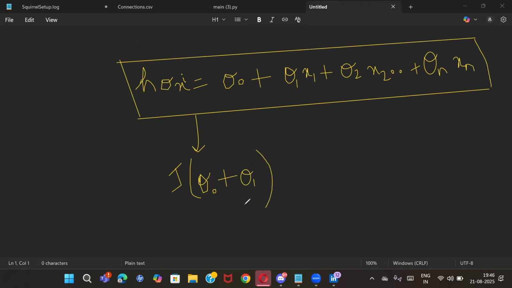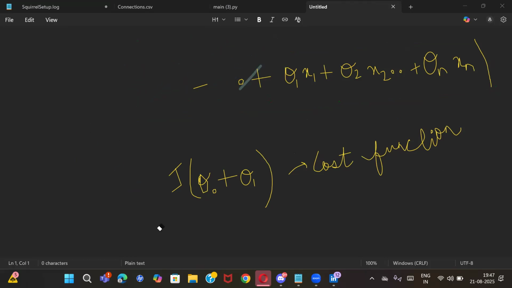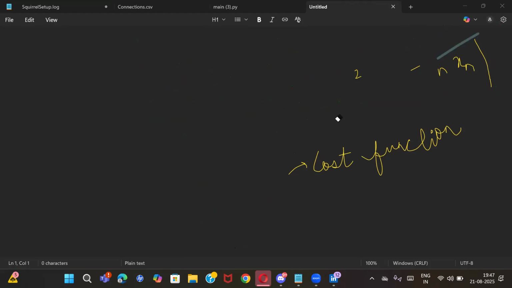So basically, this is my cost function. And in linear regression, what is our ultimate goal? Our ultimate goal is only to find the cost function, because by finding the cost function, you can predict what the best fit line will be, right? So here we have stopped. Now we will understand it by graph. I hope you have understood that in linear regression, what we are basically doing is finding the cost function.